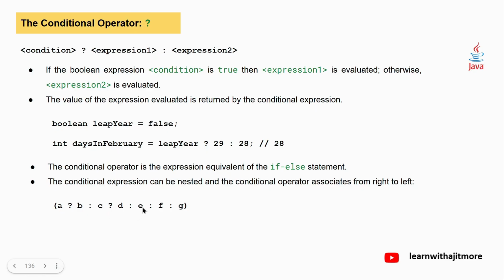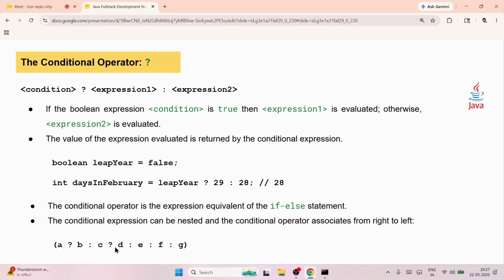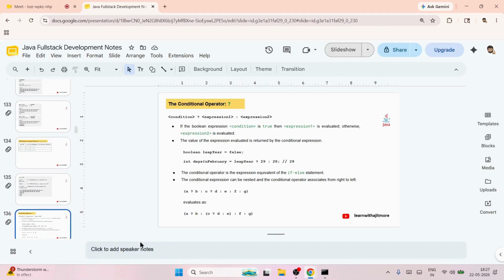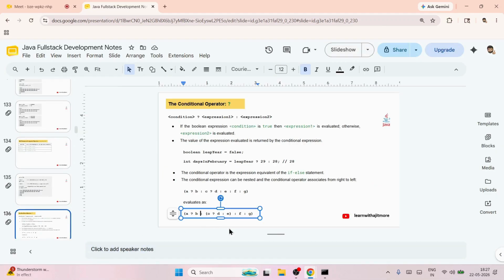C's false is E and true is D. See, it evaluates in that way. Getting? Only here by mistake I wrote question colon. It is question mark. Okay, I'll make changes over there.